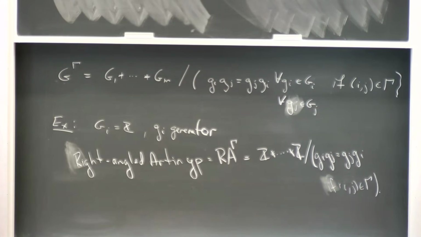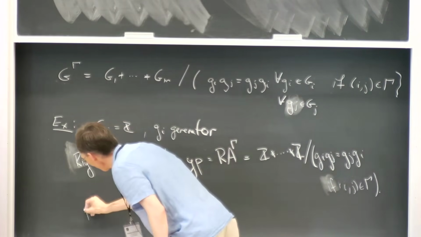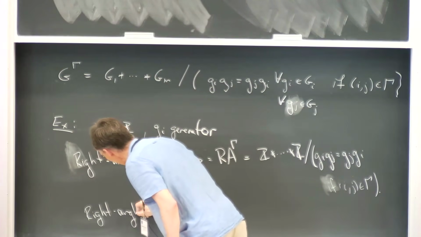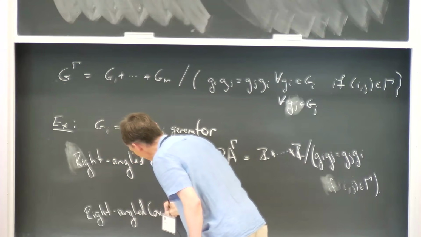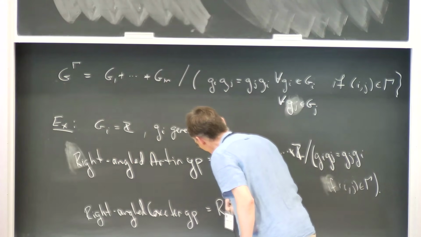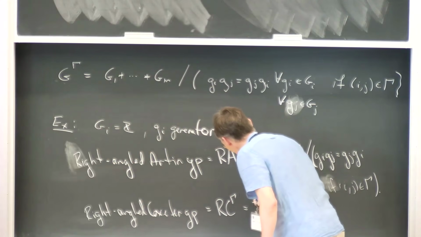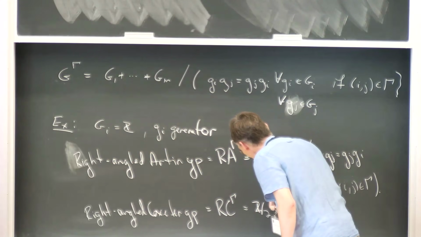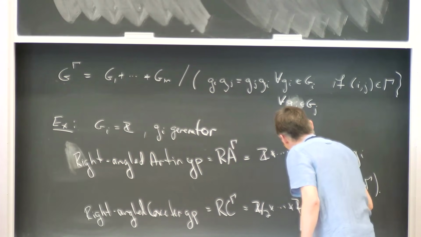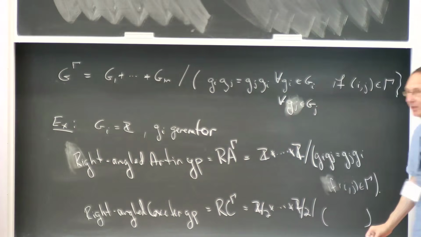Right, so start with a free product. Whenever you see an edge, let things commute. And there's a right-angled Coxeter group, where you start with, instead of Z's, Z mod 2's, and the same commutativity relation.